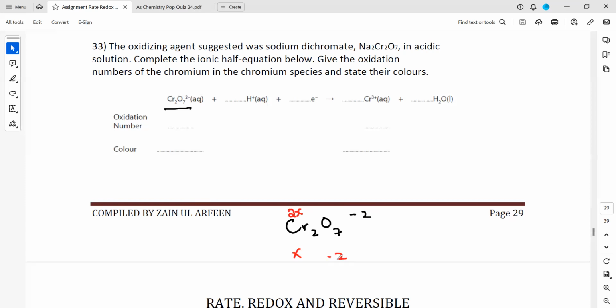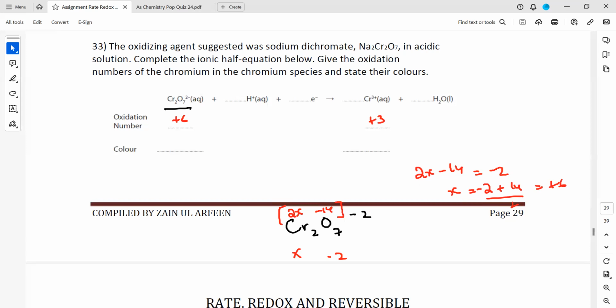And oxygen is group 6, so each oxygen is -2, so 7 oxygen will be -14. So 2x minus 14 should equal -2. When you simplify this, -14 goes to the other side and becomes +14. So -2 plus 14, and since 2 is multiplied, on the other side it will be divided. When you simplify, you will get +6. And this will be +3.